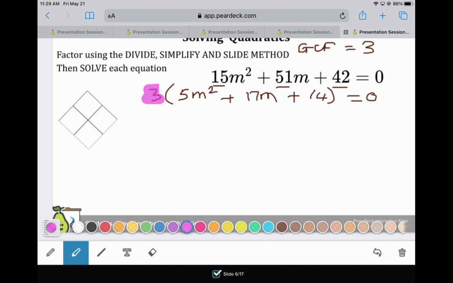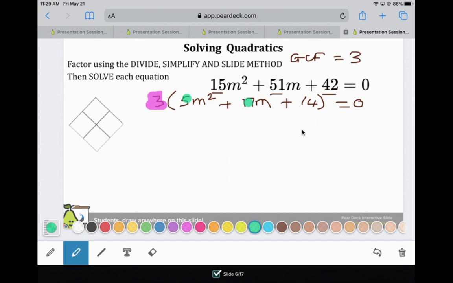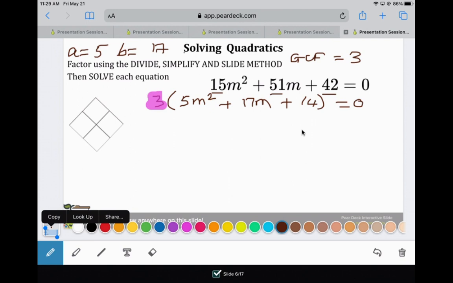Okay. All right, so the next step, we're going to factor this one out. So think about I have the values A, B, and C. A is 5, B is 17, and C is 14. Remember this.